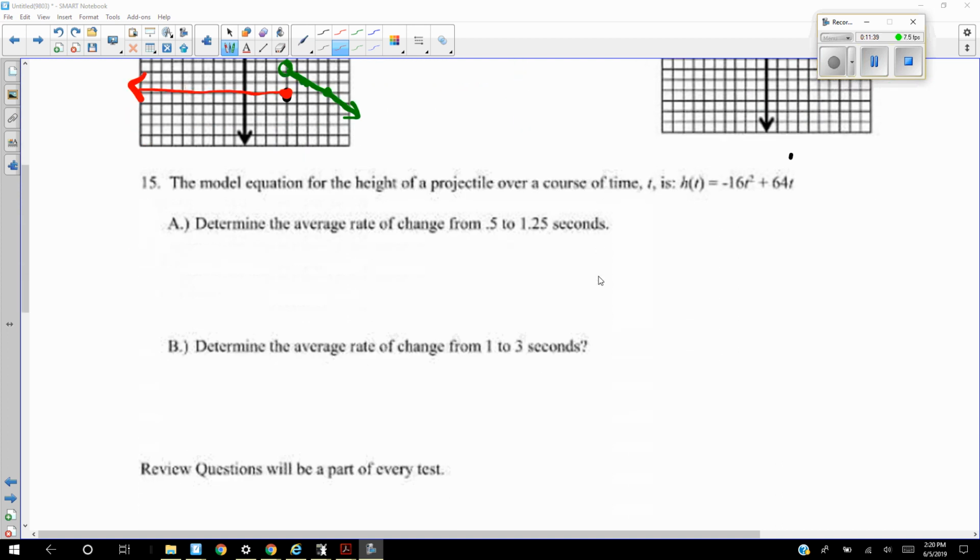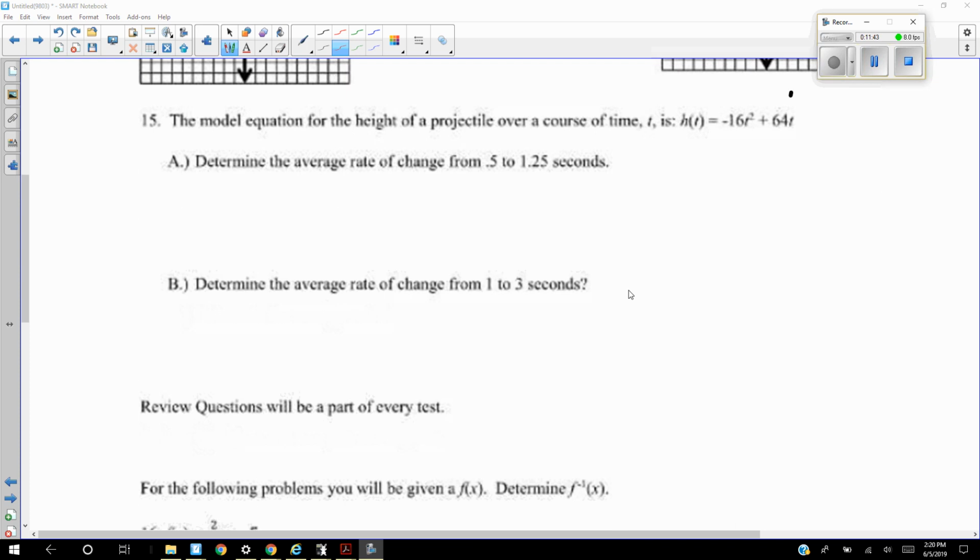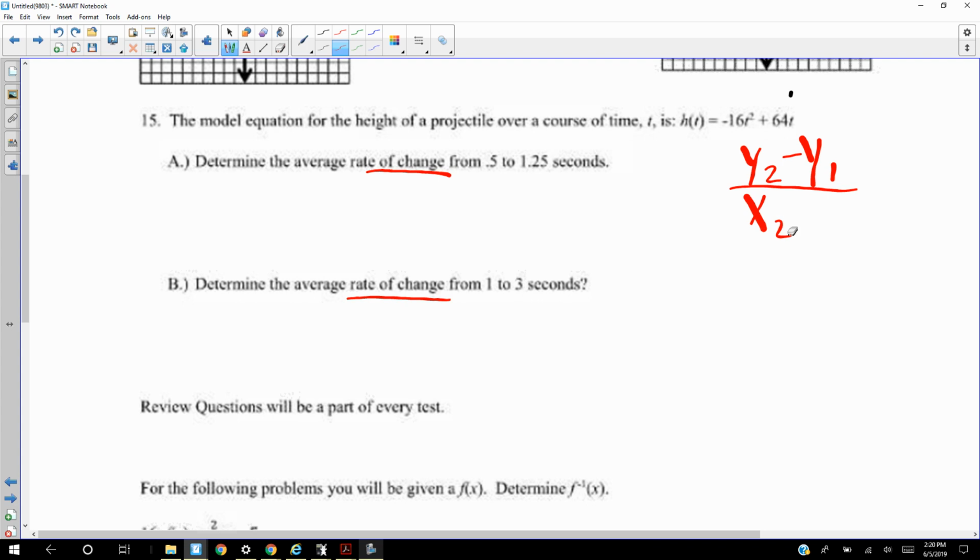All right, number 15, the model equation for the height of a projectile over a course of time. So remember, rate of change is ultimately what they're after on all these problems. Rate of change is slope. So it's y2 minus y1 divided by x2 minus x1. So you've got to get an x, y ordered pair for each of these questions.